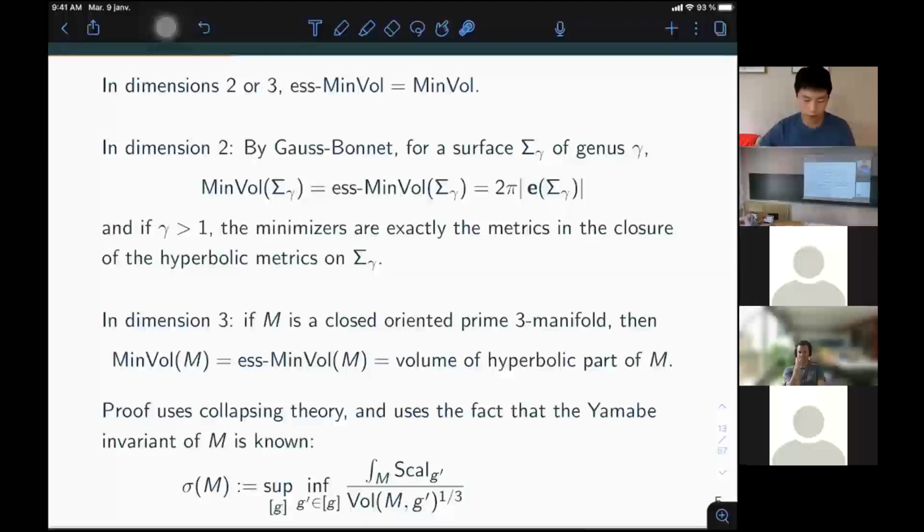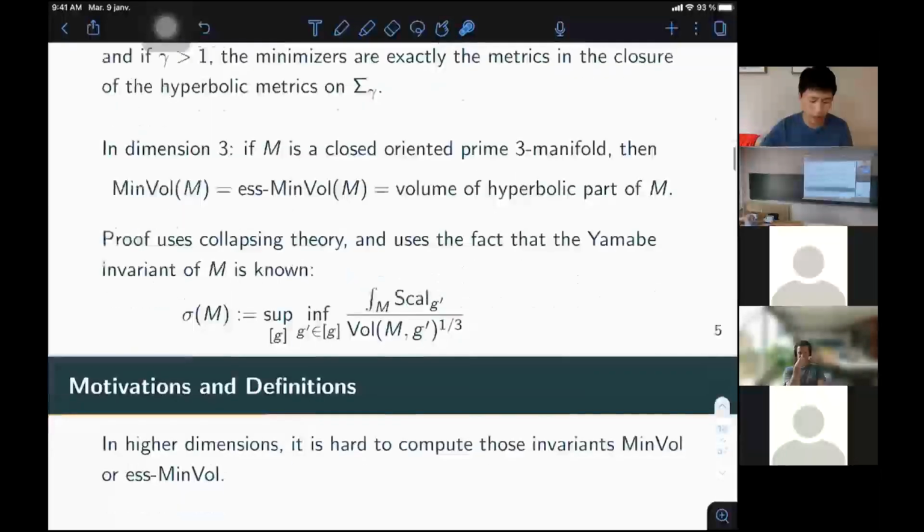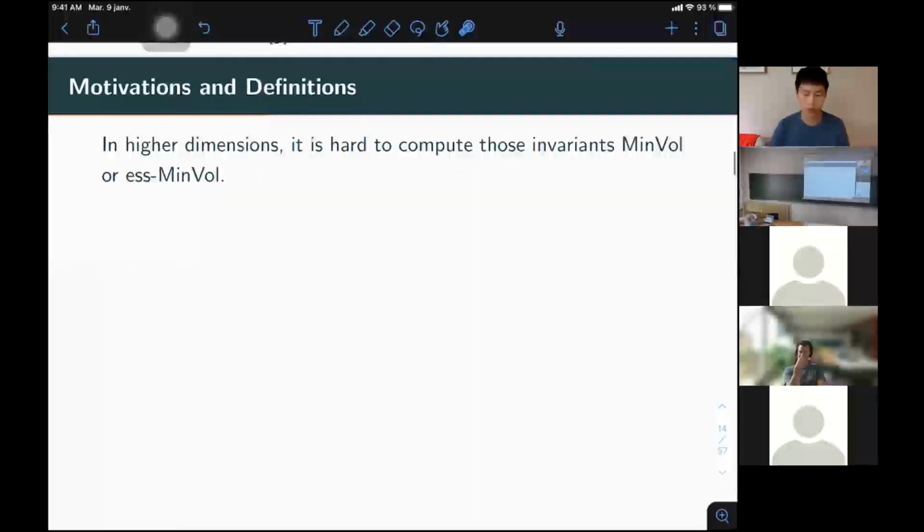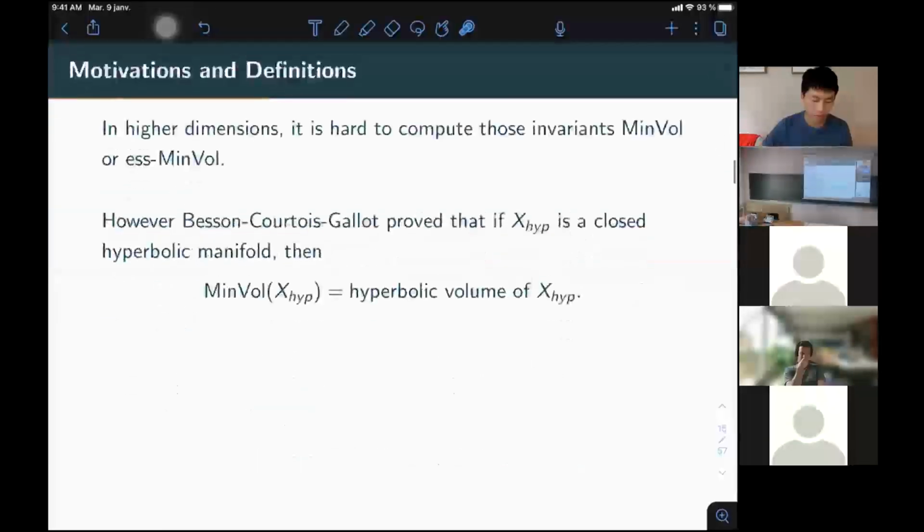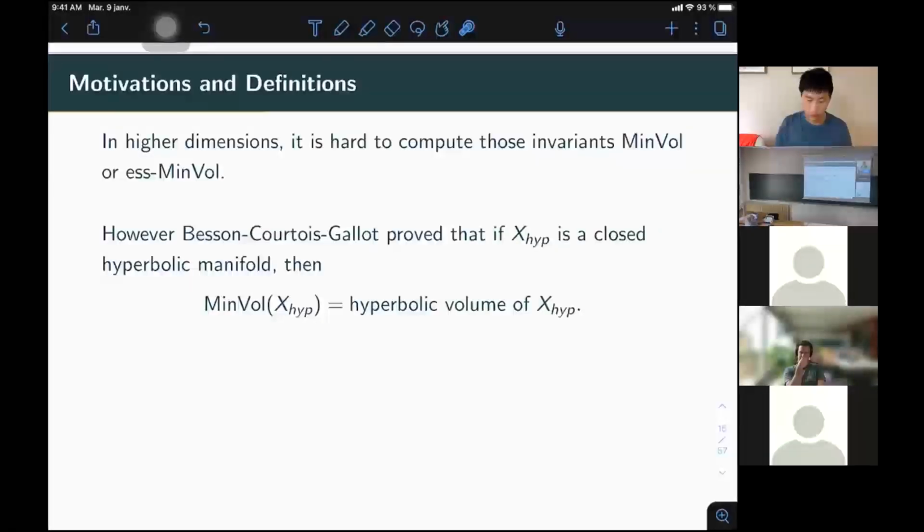So that is to give you a feel about what the essential minimum volume and the minimum volume are in lower dimension. In higher dimension, it's hard to compute those invariants. However, surprisingly, Besson-Courtois-Gallot proved that for a closed hyperbolic manifold, this invariant of Gromov called the minimal volume is just the hyperbolic volume. So in that case, you can really compute this invariant.